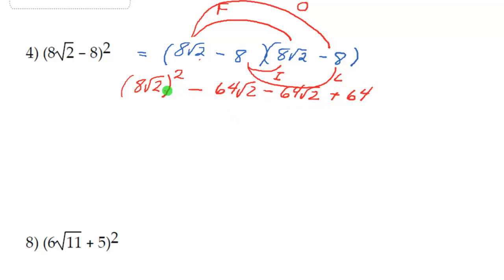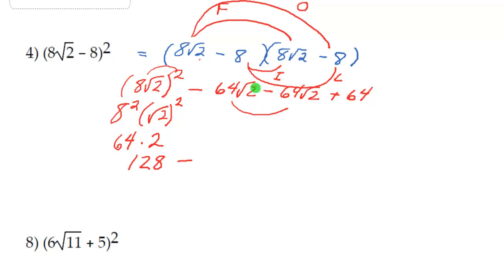And so this 8 square root of 2 squared, you can actually distribute the exponent, and it would be 8 squared times the square root of 2 squared, and 8 squared is 64, and the square root of 2 squared is 2. So you get here 128 minus, then you can combine these two.